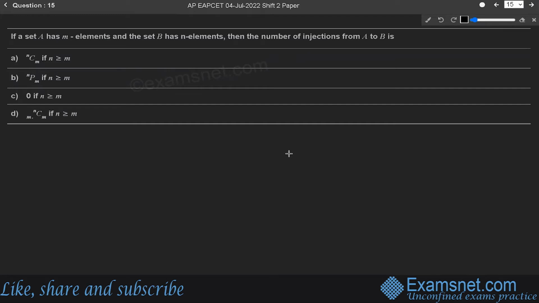Next question is, if a set A has m elements and the set B has n elements, then the number of injections from A to B is. In this question, we have to find the total number of possible combinations or permutations. So let A be a set which has m elements.